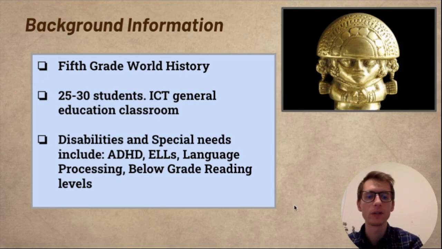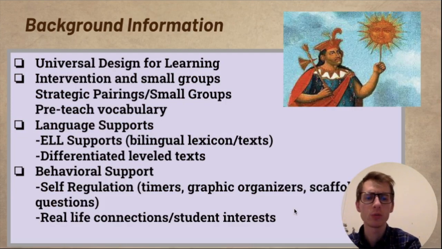grade reading level. So in order to support those students, we'll be using a universal design for learning framework, and I've created various small groups and interventions and strategic pairings to help these students who have special needs. One strategy is also to pre-teach vocabulary and give other language support, such as differentiated leveled texts.